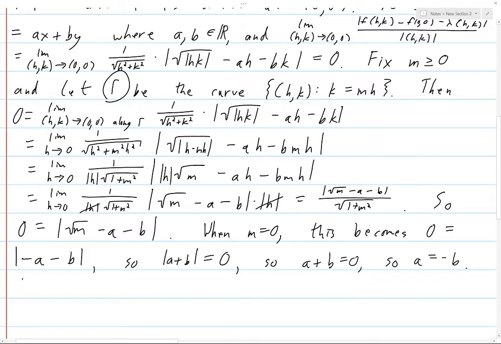Okay? So then 0 equals the square root of m minus a minus b, and b we can replace with negative a. So this is equal to square root of m, and then we have minus a, and when we subtract negative a, we get minus a plus a, which is 0. So we just have square root of m.